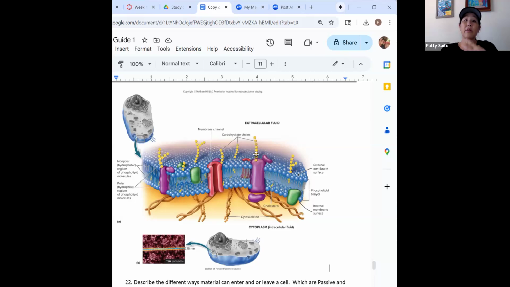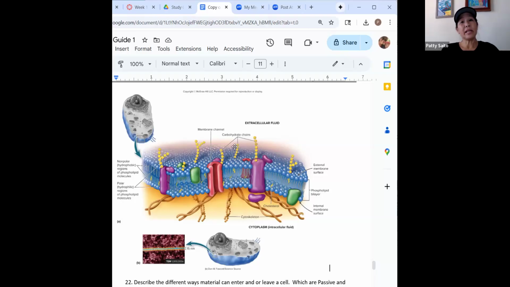But when you put another cell into somebody else's body, or put somebody else's cells into my body, their markers are foreign to me. And so I would see that as a foreign invader, and my immune system would be called up to destroy it and get rid of it, right? So those are very important. And so that's what organ rejection is.